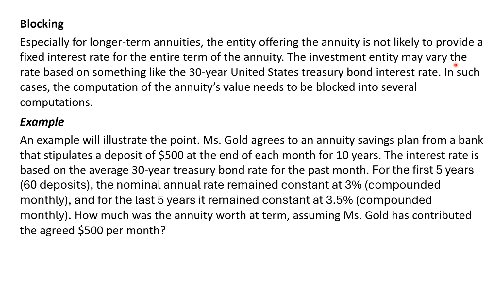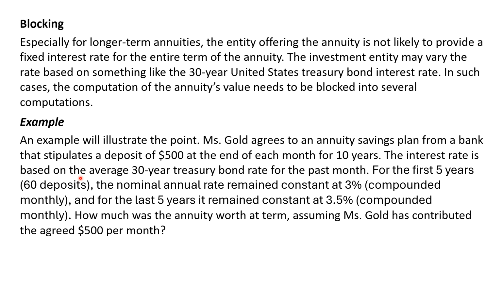The investment entity may vary the rate based on something like the 30-year United States bond interest rate or a long-term bond in another country, same idea. In such cases, the computation of the annuity's value needs to be blocked into several computations. So you're going to recompute the annuity each time the interest rate changes. And those are the blocks. That's why it's called blocking.